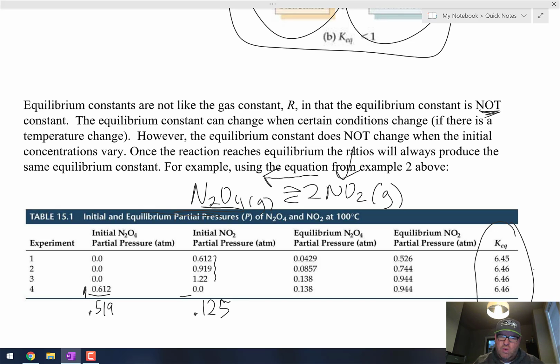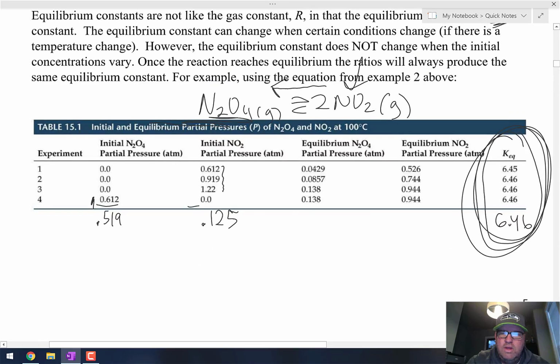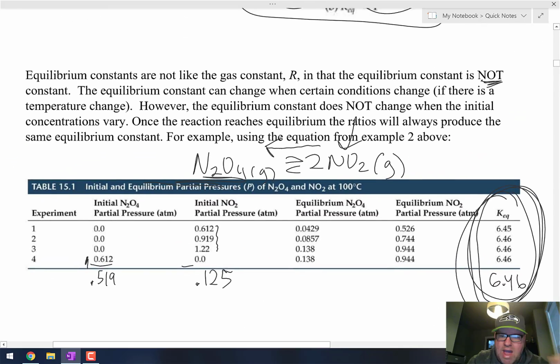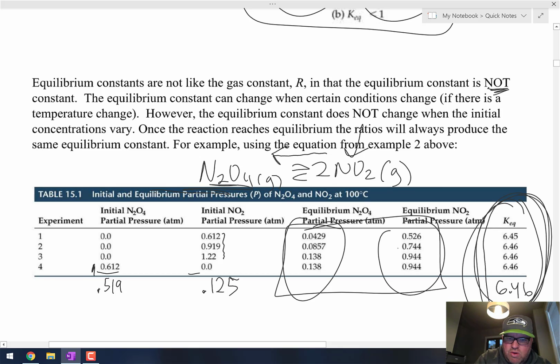Once you reach equilibrium, the reaction gets to a point where the ratio of the reactants to the products, the equilibrium constant, is always going to be the same value. Doesn't matter your starting concentrations, all that matters is that once you reach equilibrium, you plug those numbers into the equation and you're always going to get the same value for the equilibrium constant, unless it's a different reaction or you've changed the temperature.